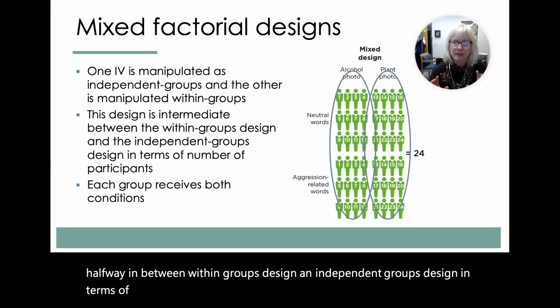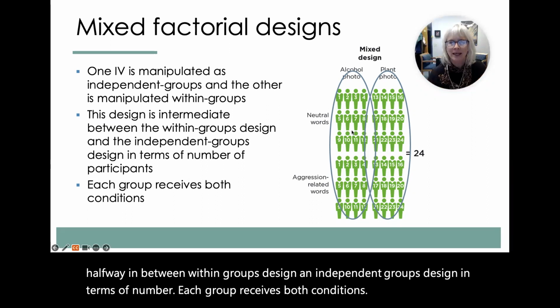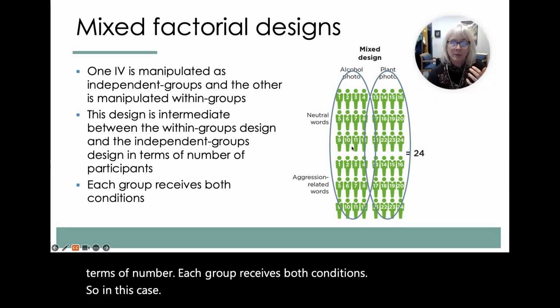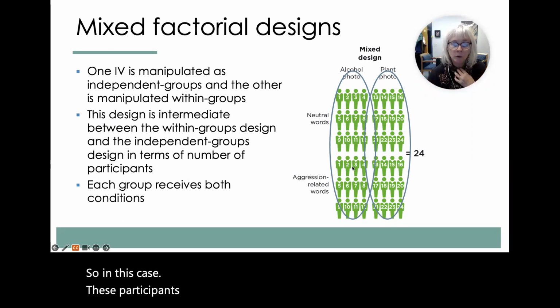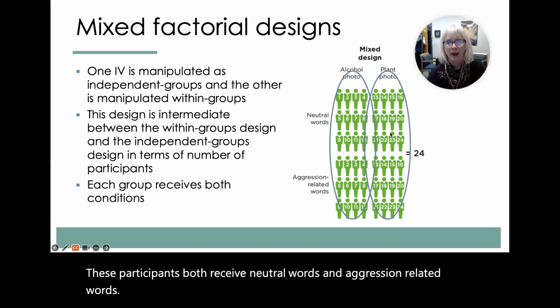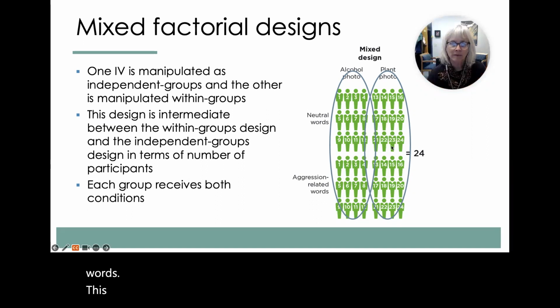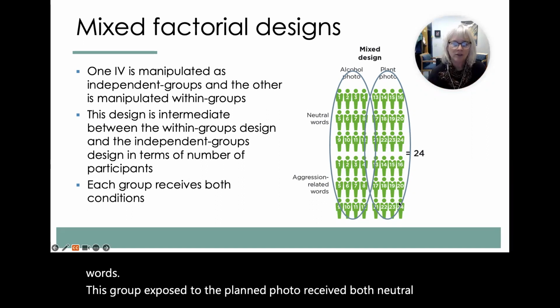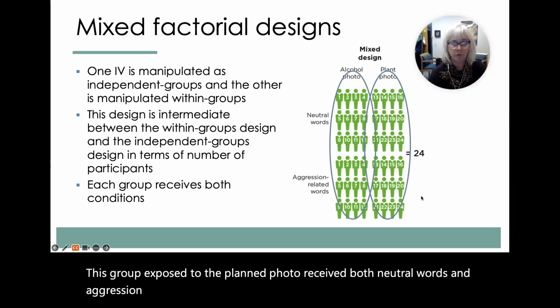Each group receives both conditions. So in this case, these participants both receive neutral words and aggression-related words. This group exposed to the plant photo received both neutral words and aggression-related words, or 24 total.